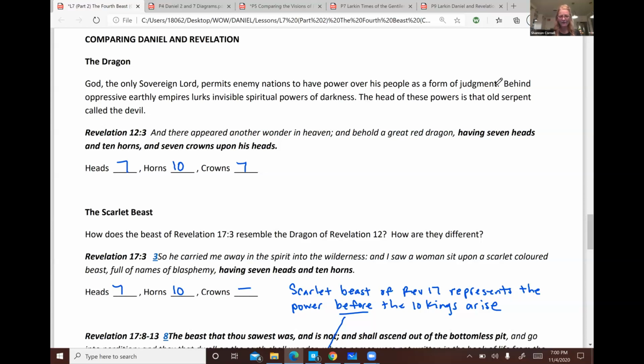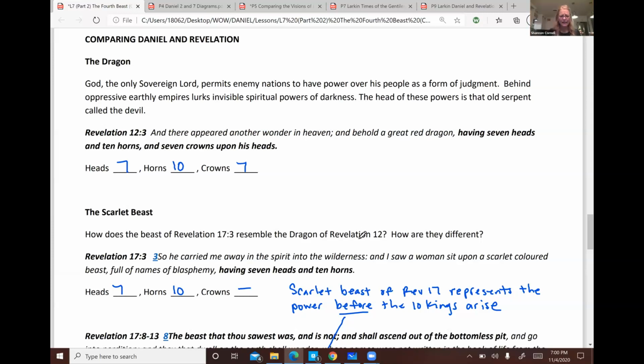The head of those invisible spiritual powers... we wrestle not against flesh and blood, but against powers, principalities, and spiritual forces in high places. So there are spiritual forces behind the kingdoms or the empires.